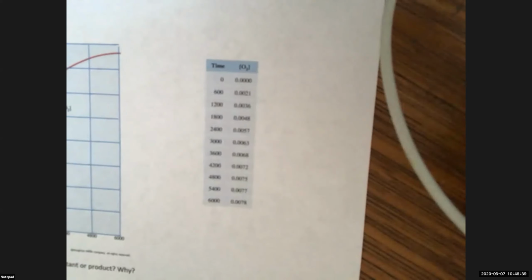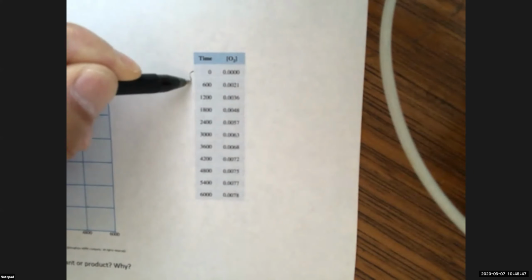So let's look at the data. It says to calculate the rate between 0 and 600 minutes. So 0 to 600 is right over here. The rate between 0 and 600 is going to be this change in time, this is the delta t here.